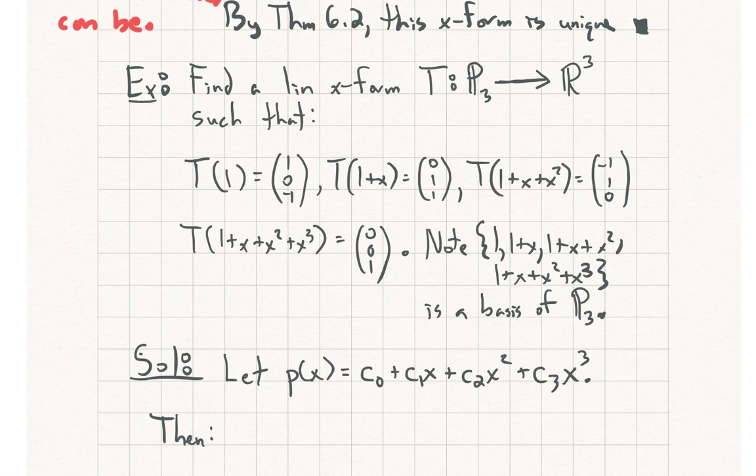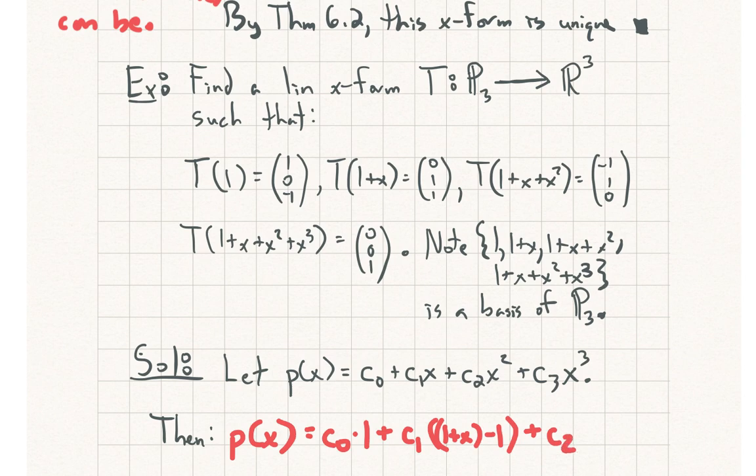So I'm going to write that p of x here is the same thing as C0 times 1 plus C1 times (1 plus x minus 1) plus C2 of (1 plus x squared minus (1 plus x)).